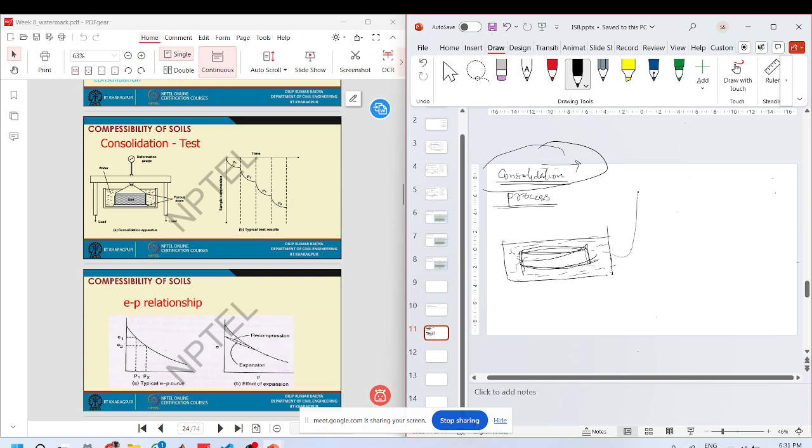So why do we want it to be completely saturated in triaxial as well as in consolidation? It is because you know that air or any gas is very compressible. It's like a sponge. You put on a load, it will just compress.